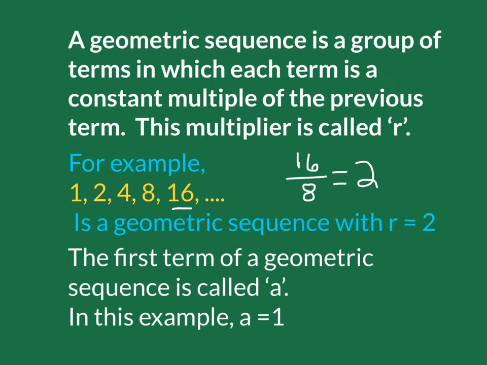So 16 divided by 8 is 2, 8 divided by 4 is 2, 4 divided by 2 is 2, and so on. We have a constant multiplier of 2, which we call r for these types of sequences. The first term of a geometric sequence is always called a. So in our example, a is equal to 1.